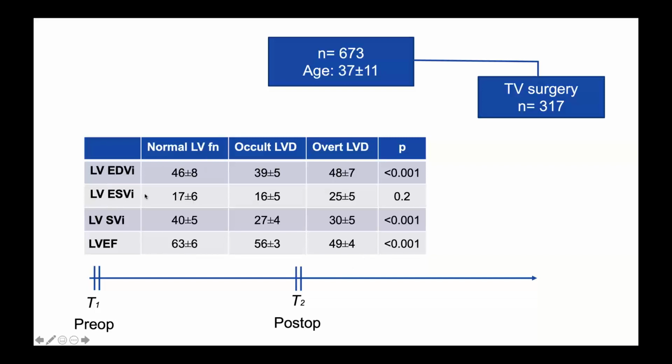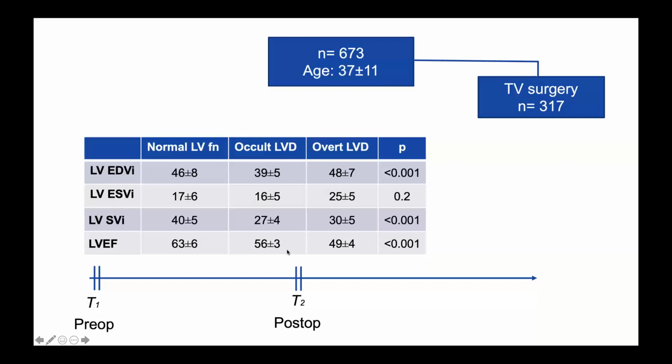So focus on the normal group for now. So this is end-diastolic volume, normal, but on the low side, and systolic volume normal, stroke volume normal, EF normal. If you look at the overt group, the LV was bigger, stroke volume was lower, EF was lower.